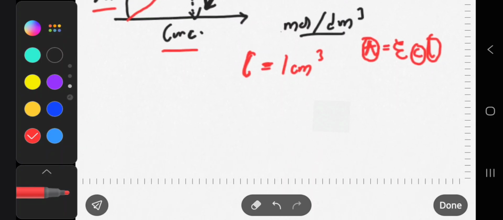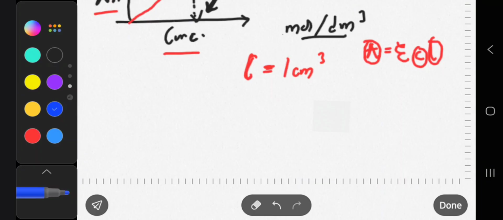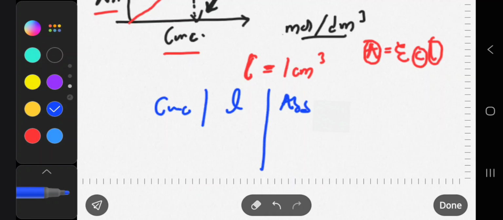This is in a case where you are given a table that could have concentration and path length, where path length is constant. Then probably you're given a table that looks like absorbance, and you're asked to find or plot a graph of absorbance against concentration. You can do that.